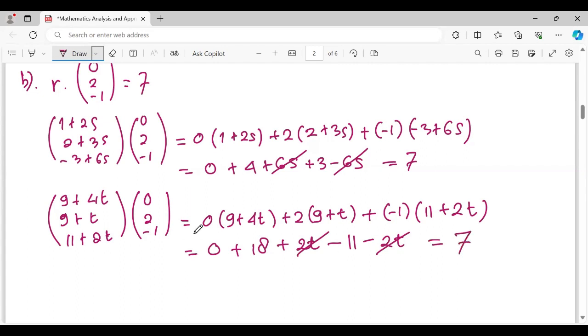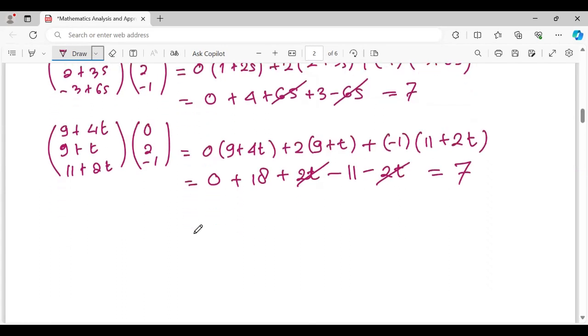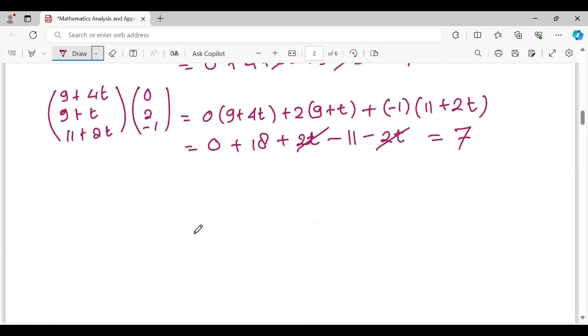So we have proved that L and M are both on plane pi.